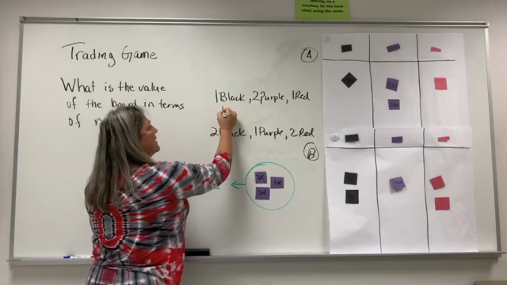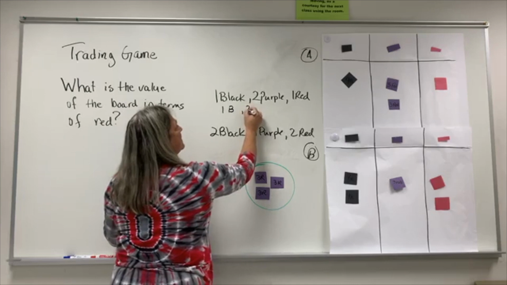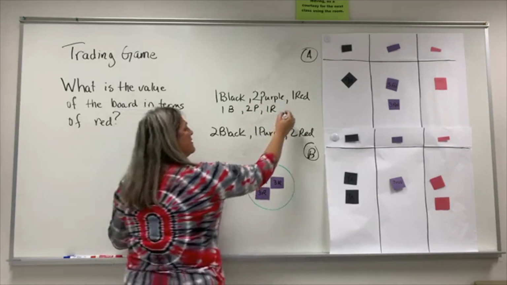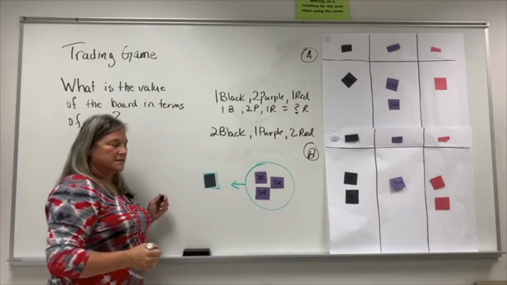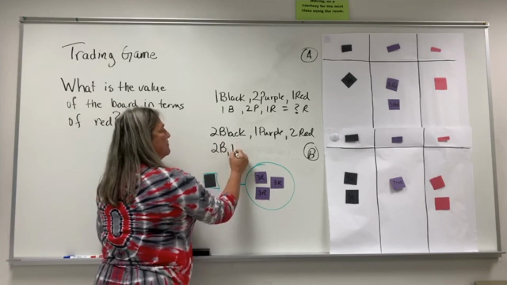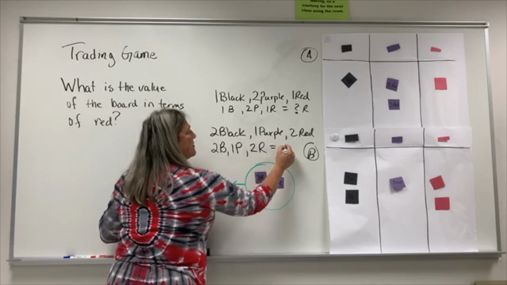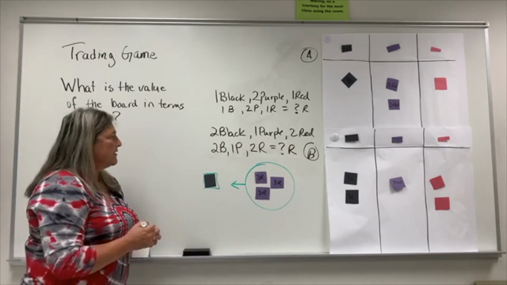I'm going to use some shorthand. So we have a black, 2 purples, and a red. And we want to know how many reds that gives us. Same thing down here. We have 2 blacks on here though, 1 purple and 2 reds.